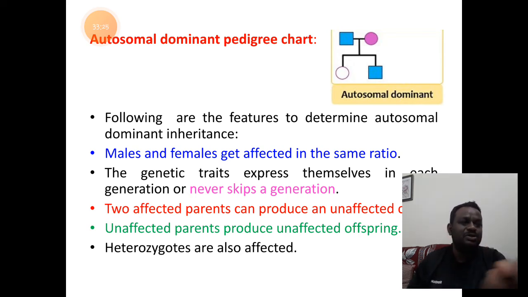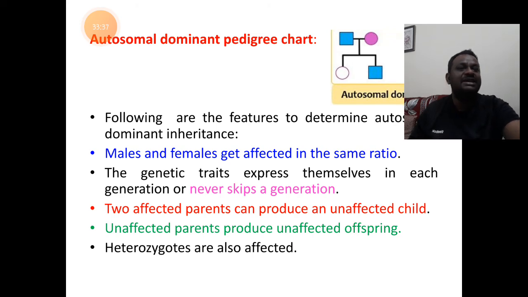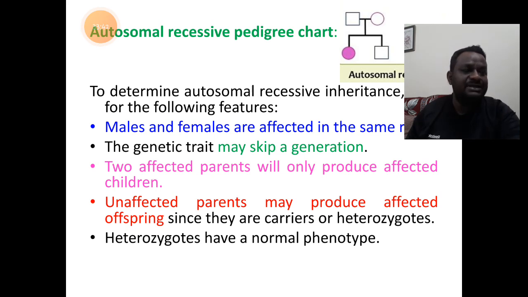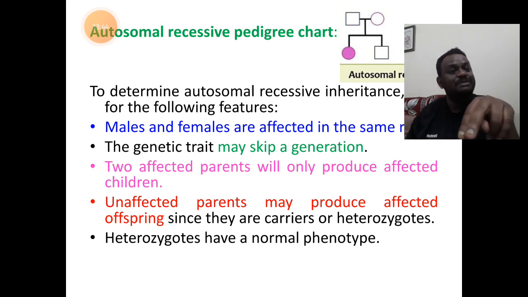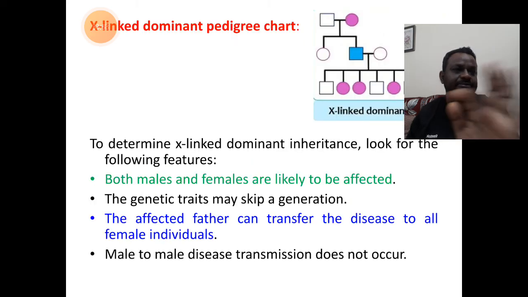Two affected parents can produce an unaffected child. So this is the condition of autosomal dominant. In autosomal recessive, two unaffected parents can produce an affected offspring.